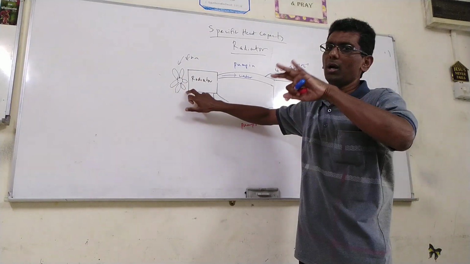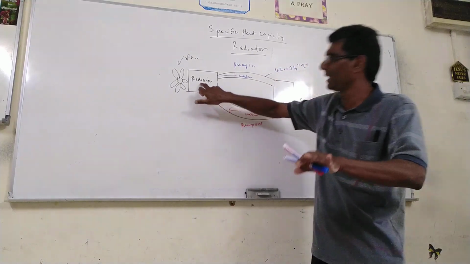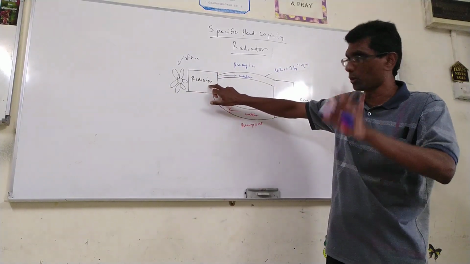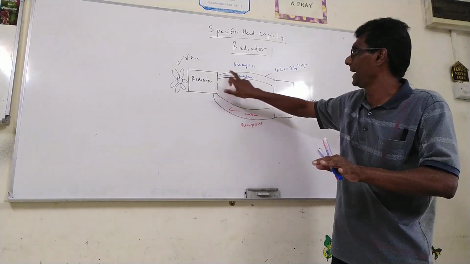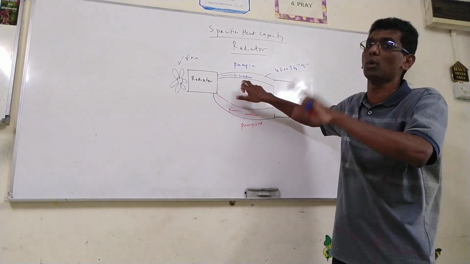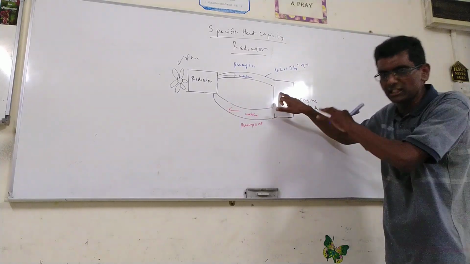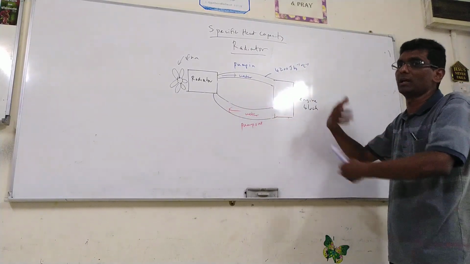The hot water cools down again. The hot water becomes cooled water, coolant water, or what we call coolant. The cooled water is pumped in again, and as the engine continues running, it gets hot again.